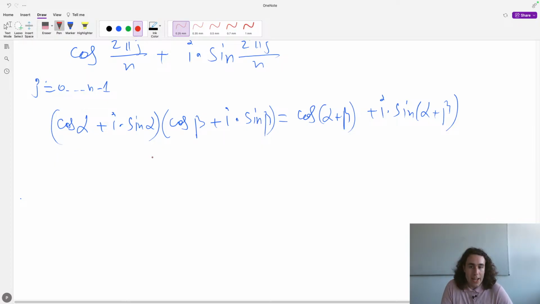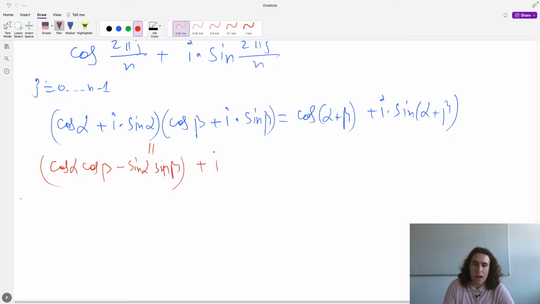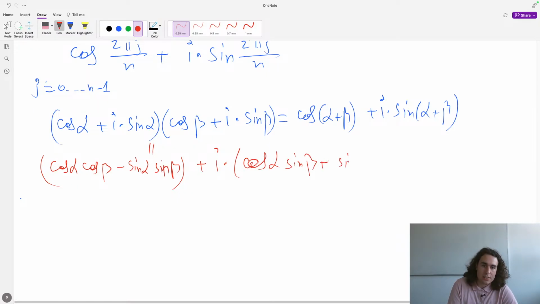But on the other hand, you can think about it algebraically. I can just take these two brackets and multiply all the terms, and I'm going to get cos alpha cos beta minus sine alpha sine beta, plus I times cos alpha sine beta plus sine alpha cos beta.